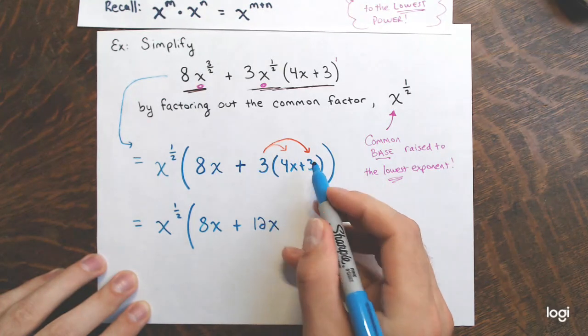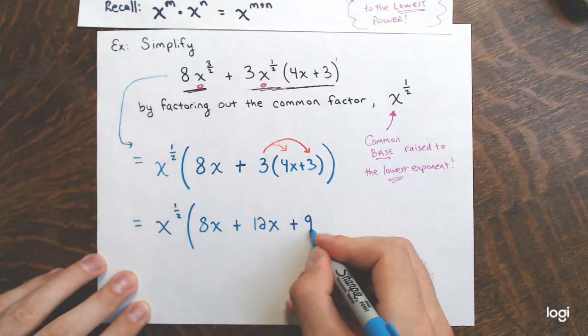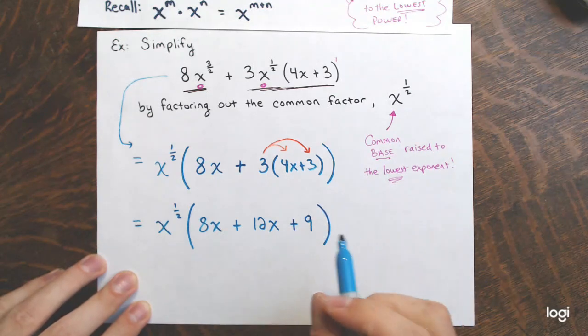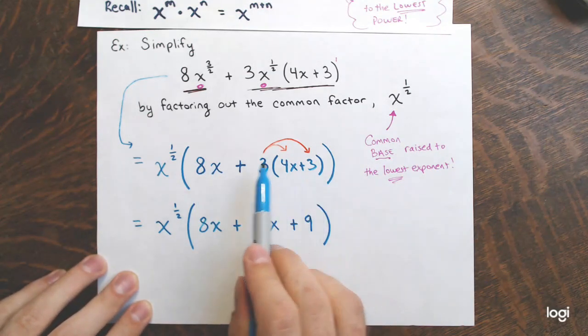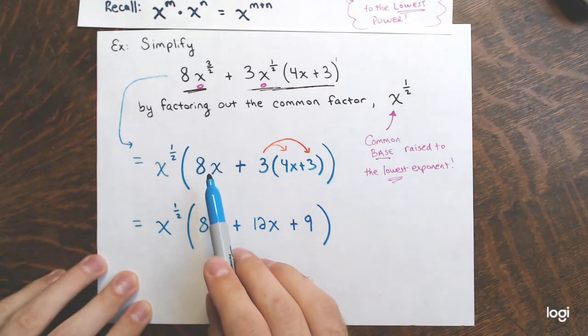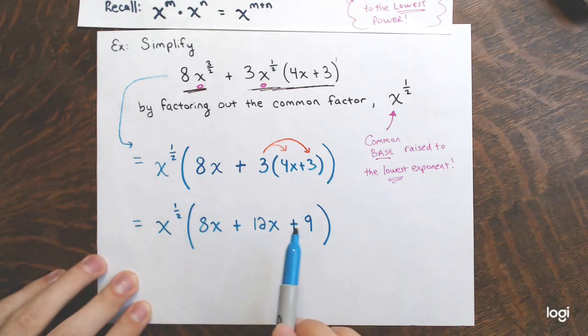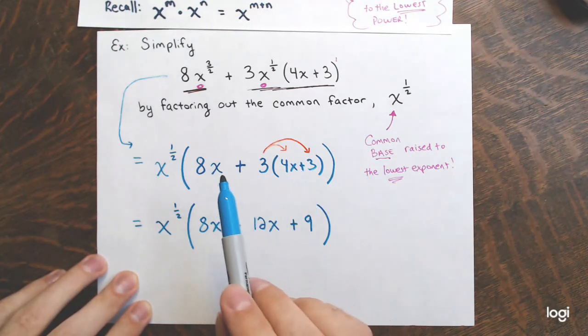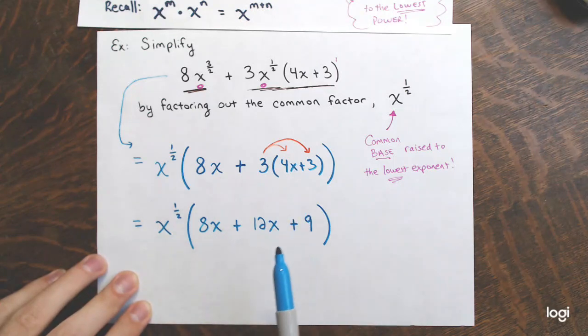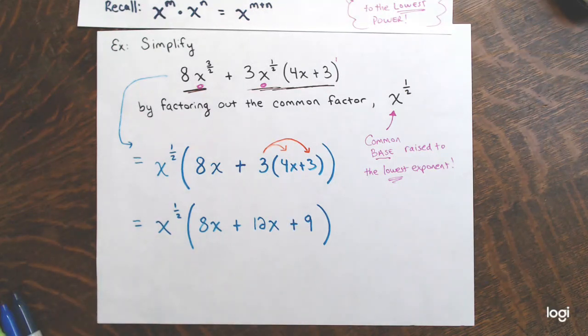And then 3 times 3, positive 9. Now, look at this. This expression inside the big parentheses goes from being 2 products, 2 terms, to 3 terms. There's 8x, 12x, and 9, all separated by plus signs. But we're going to combine like terms.